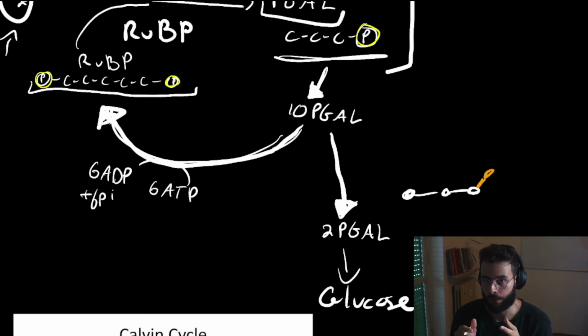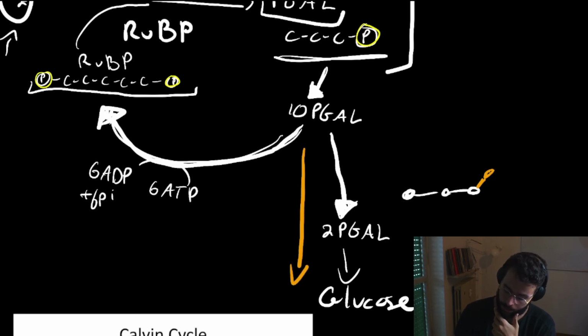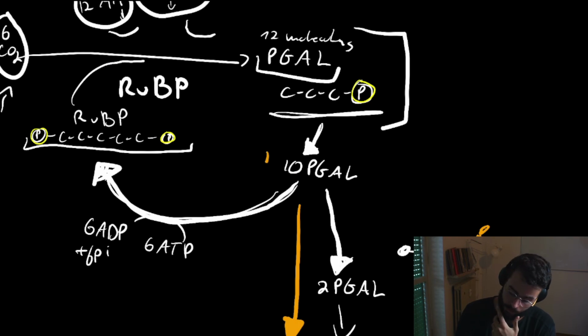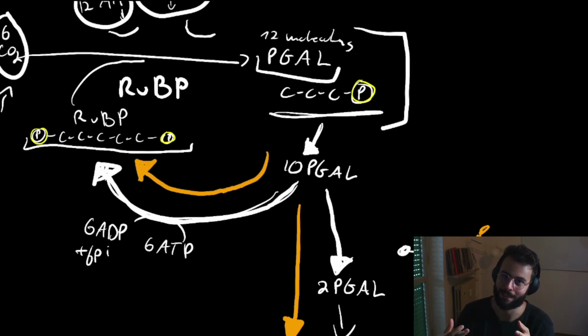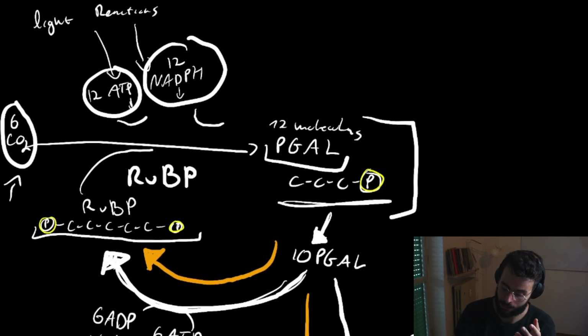The fact that we have a phosphate group on this 3-carbon molecule will allow us to get enough energy to combine 2 molecules of this together through a specific enzyme in order to create a glucose molecule. So this part of the cycle is the part that is going to allow us to create the glucose molecules. And the other part of the cycle is the part that is going to continue the cycle and allow ribulose bisphosphate to continue to the next stage.